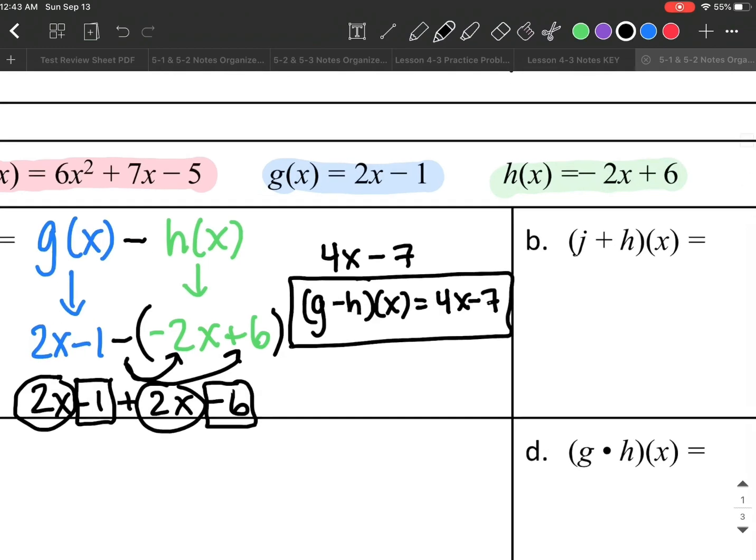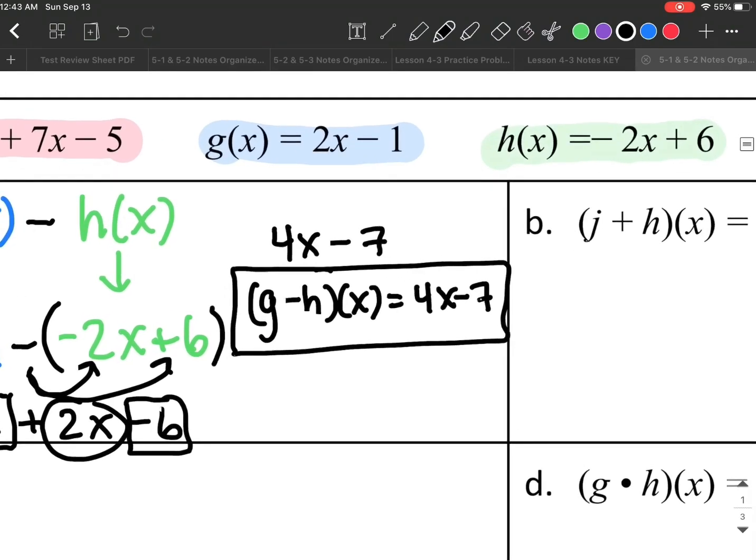And then I just want to talk about what that function looks like. Well, I can replace the g minus h of x with y, just like I can always do with a function. This is a function. It's just a function combining 2 other functions together. This function is going to look like y is equal to 4x minus 7, which is a line.